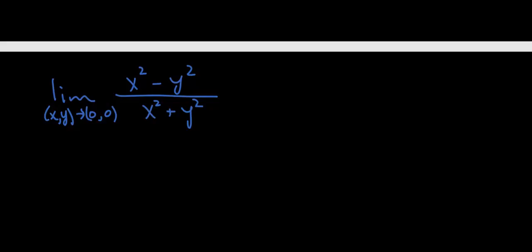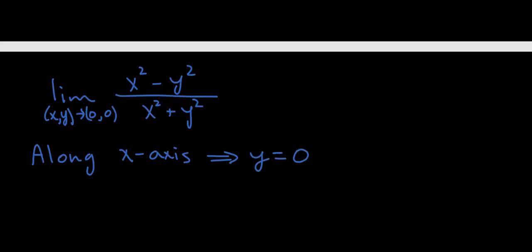So in other words, I'm going to approach along the x-axis. Well, if I approach along the x-axis, that means that y is 0. That's what that means. So let's look at this limit, but let's replace y with 0.